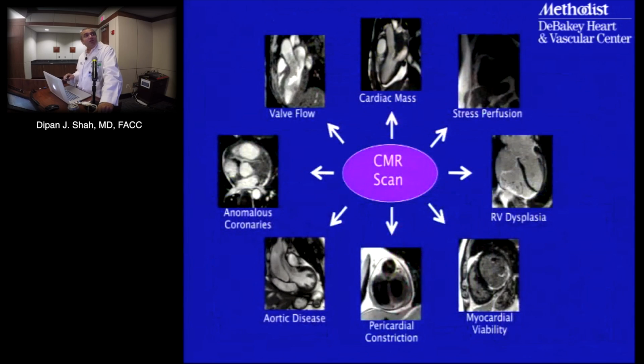Today, you can use cardiac MRI not for just 1 or 2 applications, but for a diverse variety. It allows you to look at valvular heart disease, cardiac masses, perfusion of the myocardium, tissue characterization for RV dysplasia or myocardial viability, pericardial diseases, anomalous coronaries, and also, importantly, vascular disease, aortic diseases, and peripheral vascular disease.